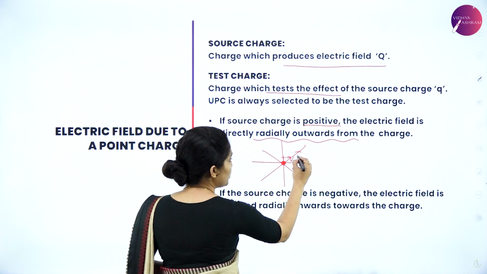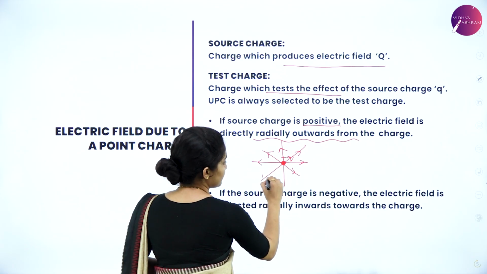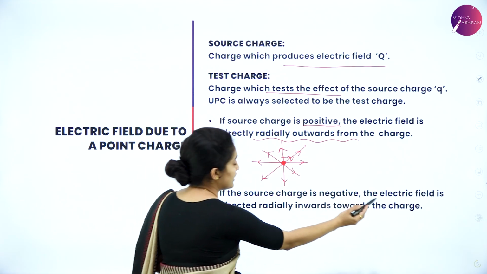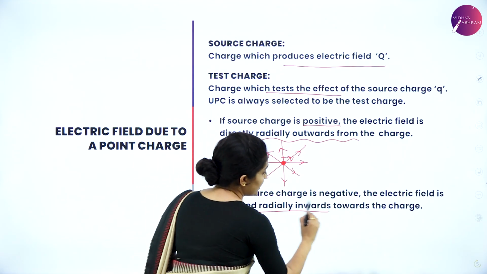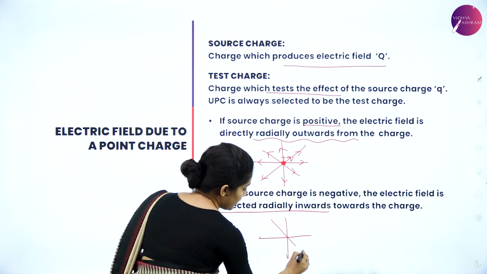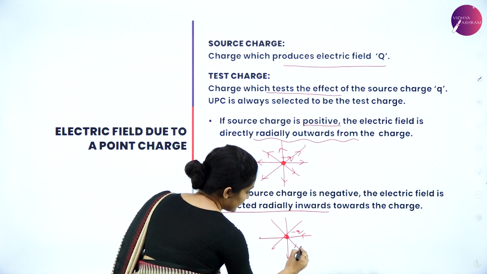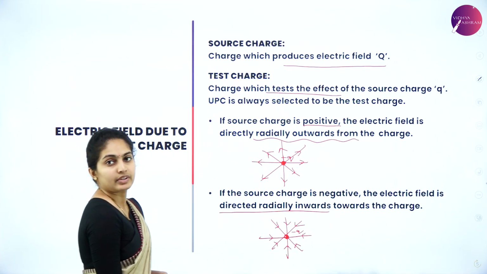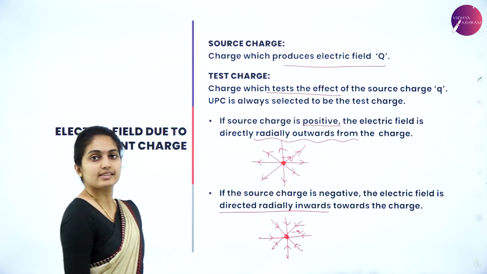It is outwards. Okay. If the source charge is negative, the electric field is directed inwards. So we have inward direction for a point charge, negative Q, it is inwards. The direction of field is inwards, which is given by this symbol.